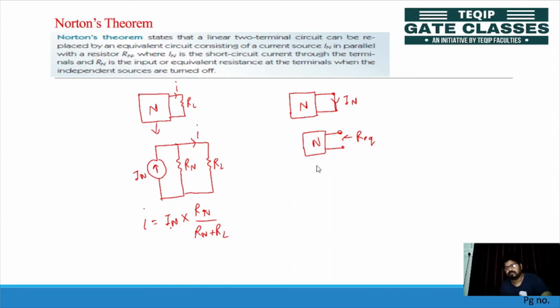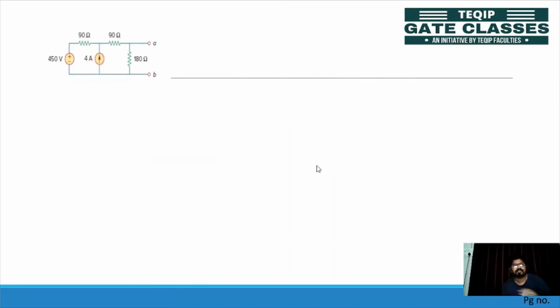Okay, so let's take an example. So here we don't have to find current in any branch, we just have to find a Norton's equivalent at terminal AB.